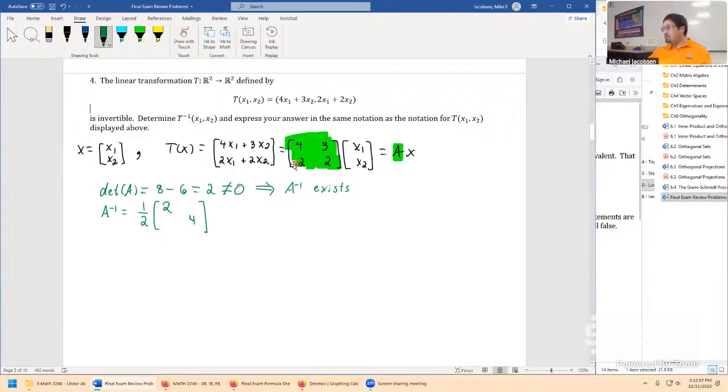The numeric part is you multiply the off diagonal going this way by -1. So we get -2, -3. And so now scaling by a half gives us 1, -1, -1.5, 2. So there's our A inverse. Now we're ready for T inverse. Any questions at all, folks, on the matrix inverse there?